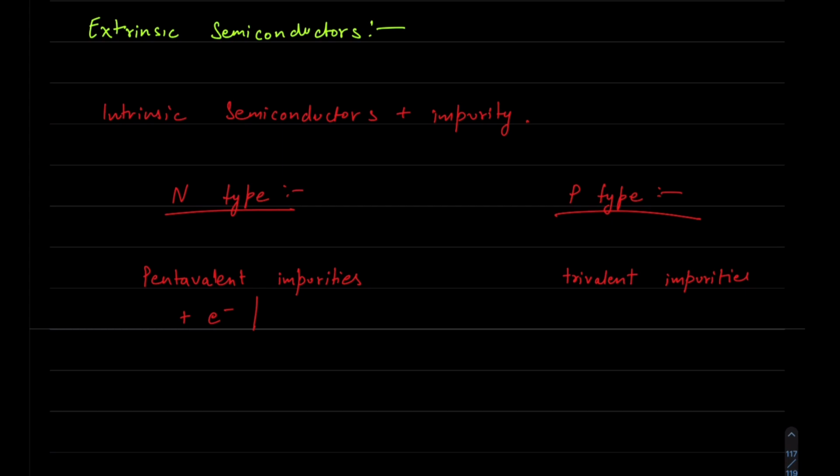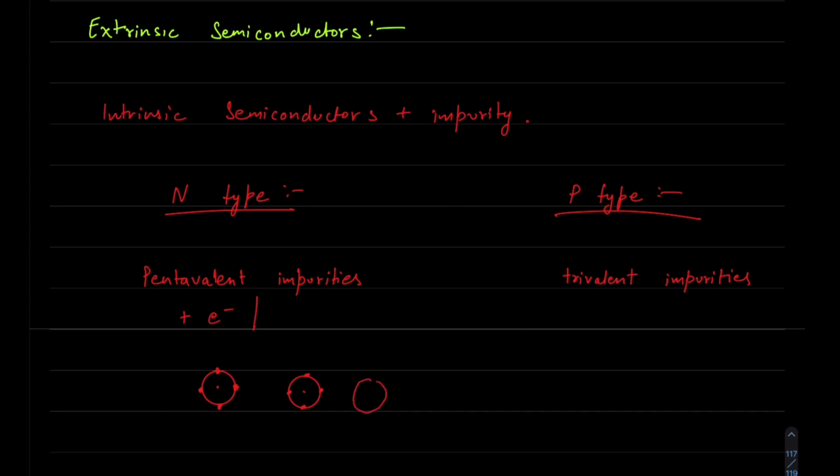Here, N-type actually stands for negative material. Why? Because let's say we have some silicon. I'm not doing a good job at making the diagram, sorry. Let's say we have a silicon atom with 4 electrons, and then another silicon atom with 4 electrons.